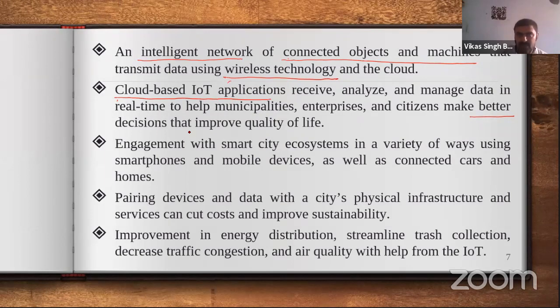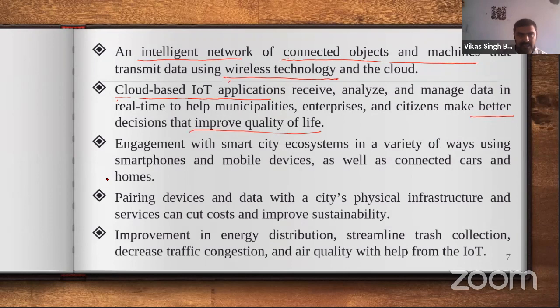So that's why I have mentioned that use of ICT tools is a must, because several devices have to be connected with each other, and sensors will be used to sense the data, and that data will be communicated from device to the decision maker, and again decision maker to the devices.